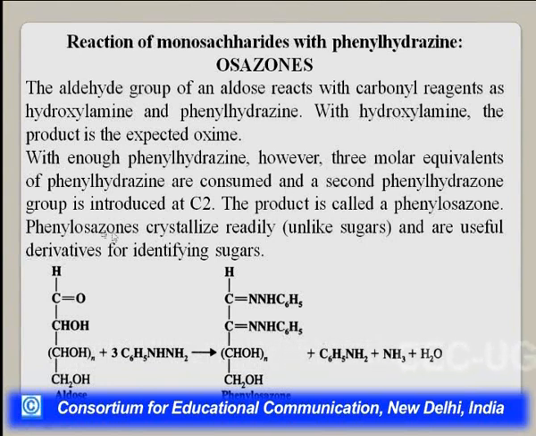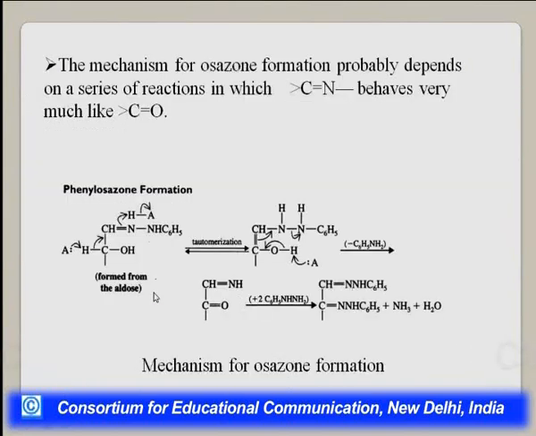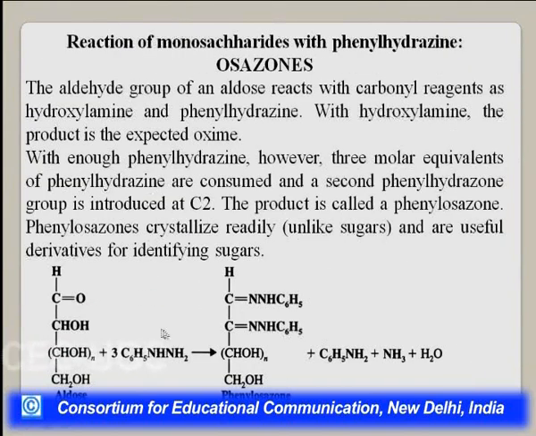With enough phenylhydrazine, we are talking about 3 molecules of phenylhydrazine. 3 molar equivalents of phenylhydrazine are consumed and a second phenylhydrazone group is introduced at carbon number 2. You can see over here, the first molecule gets introduced here and the second molecule here, and this product is called a phenylosazone.